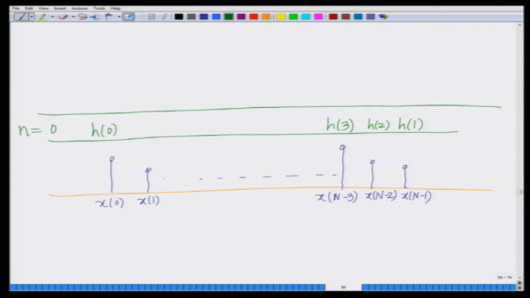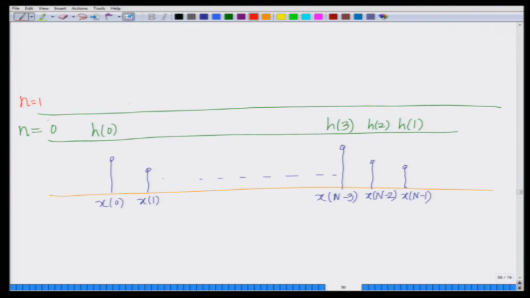n is equal to 0, what we are saying is we have h0 multiplying x of 0 plus h1 times x of n minus 1 plus h2 times x of n minus 2 plus h3 times x of n minus 3 and so on. Now, look at n is equal to 1, we have something very interesting.